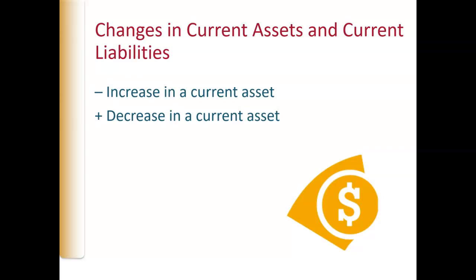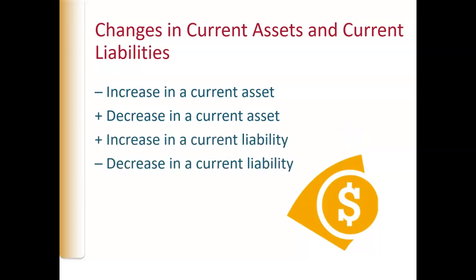If a current asset is increasing, you're going to subtract it. If a current asset is decreasing, you're going to add it. But with current liabilities, you're going to follow the same pattern. If it's an increase in a current liability, you're going to add it. If it's a decrease in a current liability, you're going to subtract it.